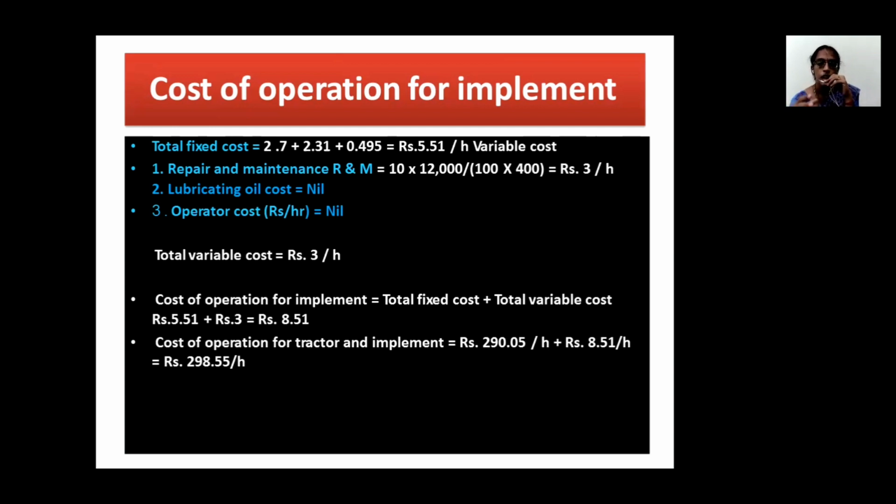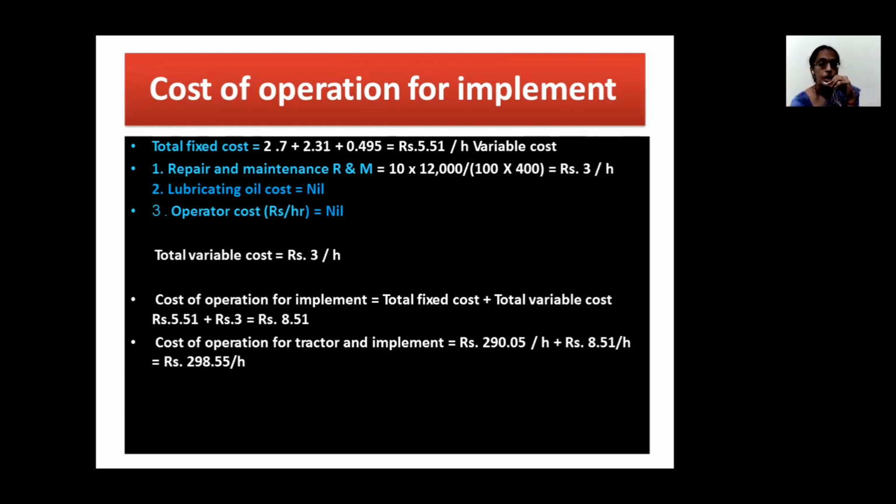You may have a doubt about why we have not included the lubricating oil cost and the operator cost. This is because we are calculating these charges for the tractor with this cultivator, and the cultivator won't incur any lubricating oil costs, or they would be minimal, so they are not taken into consideration.